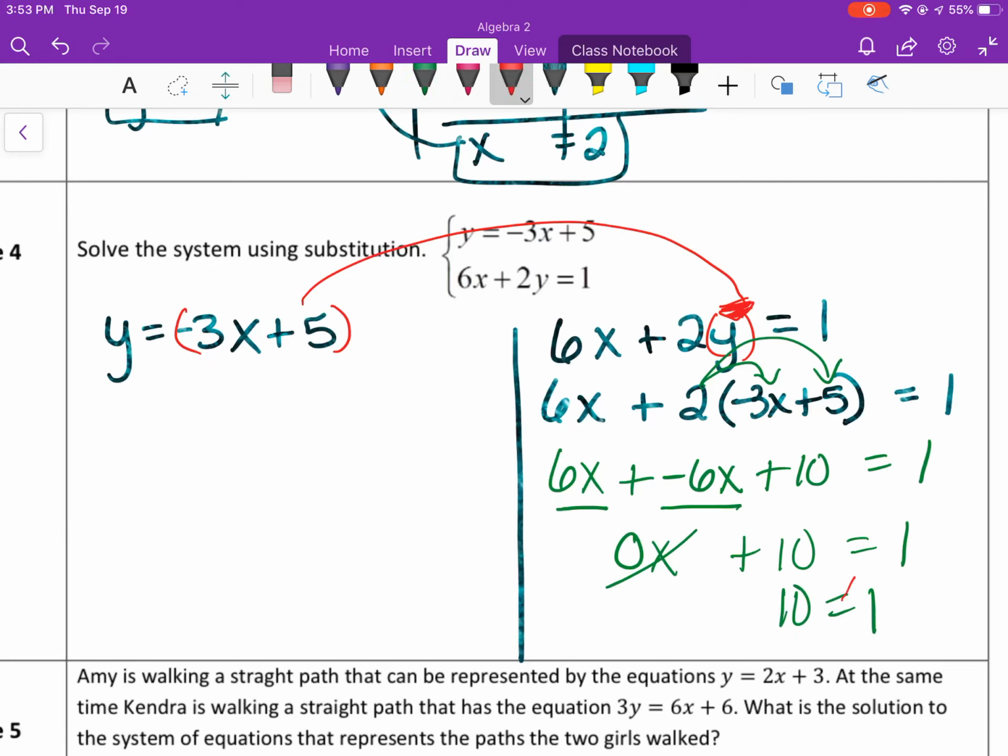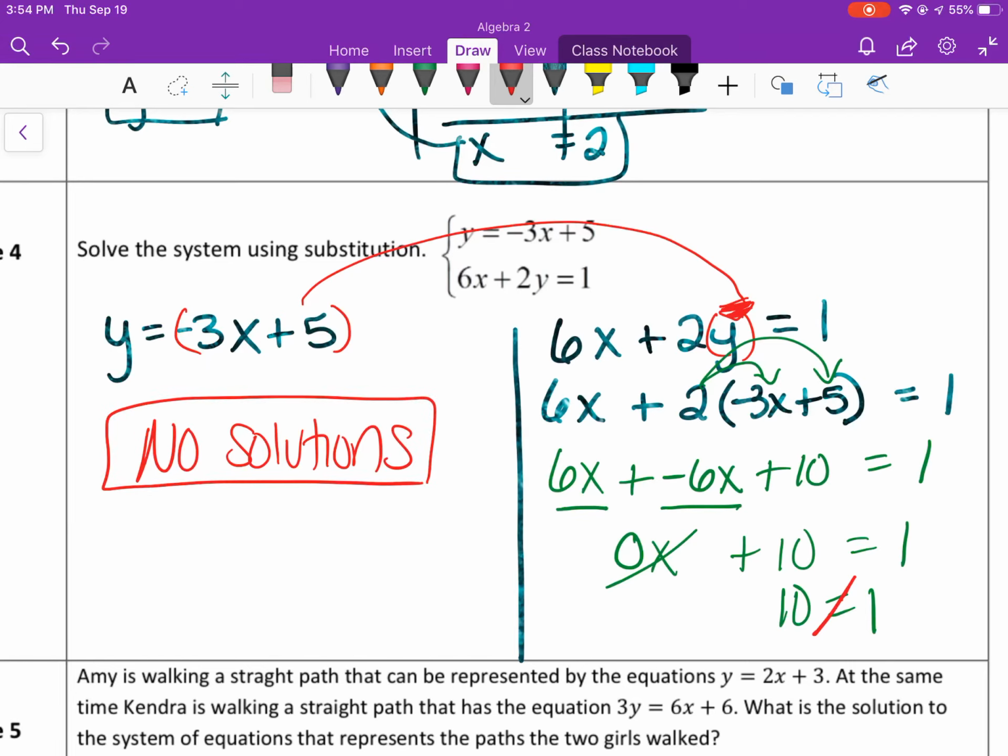Now 10 equals 1 is not true. 10 does not equal 1. So this is actually a system when this happens, when the x's cancel and then the constants are not equal, it's no solution. No solutions. If you would think back on this equation, 6x plus 2y equals 1.